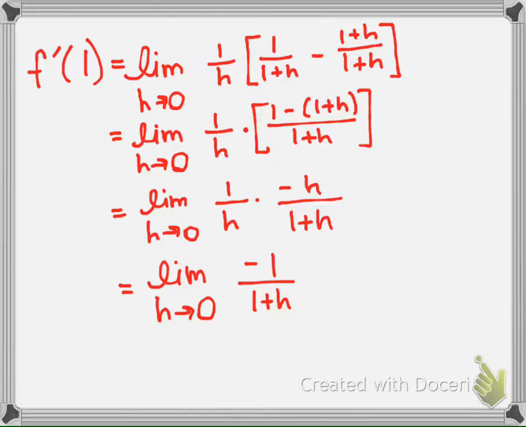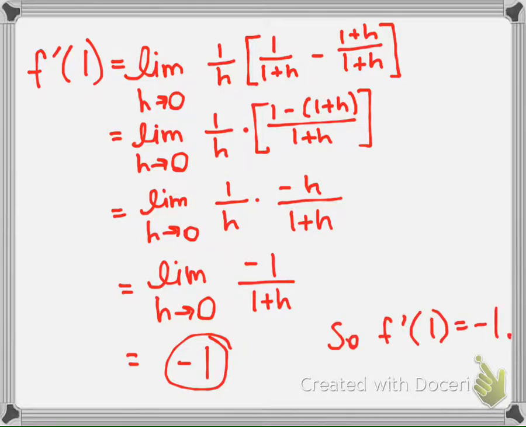And now, if I input h equals 0, I would not get 0 over 0 anymore. So I can go ahead and do that, and I get negative 1. So f prime of 1 equals negative 1. And here's how to compute that fractional derivative algebraically.